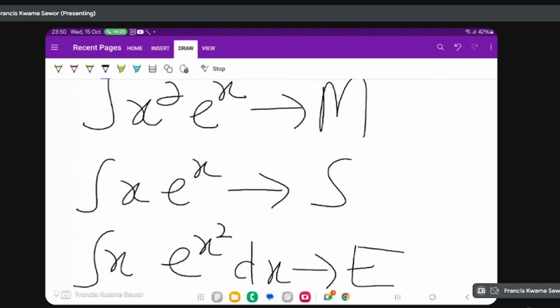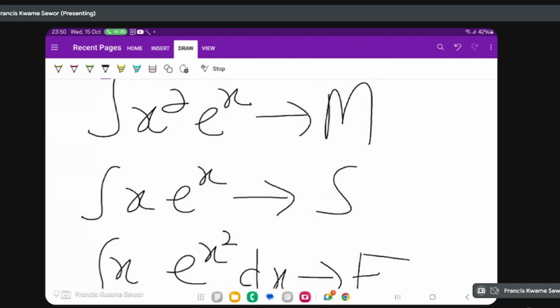There's no way to use substitution because we are dealing with two functions which are of different kind. One is exponential, one is linear or algebraic.